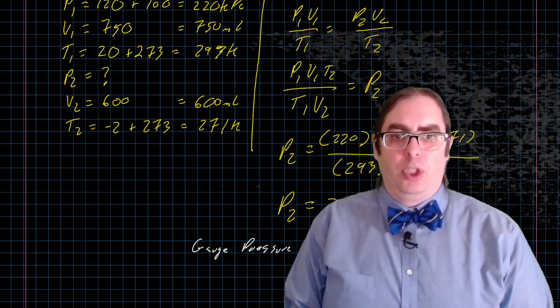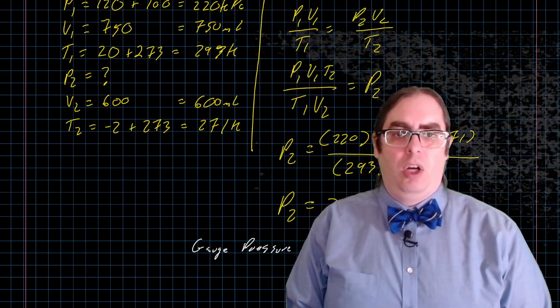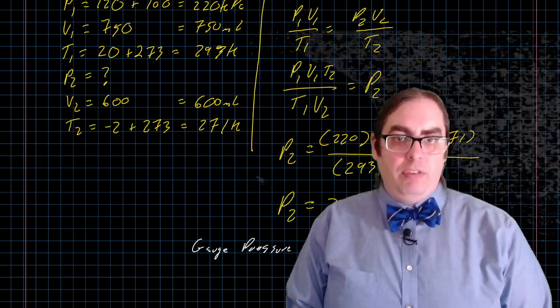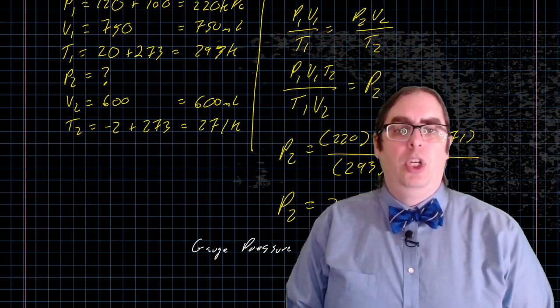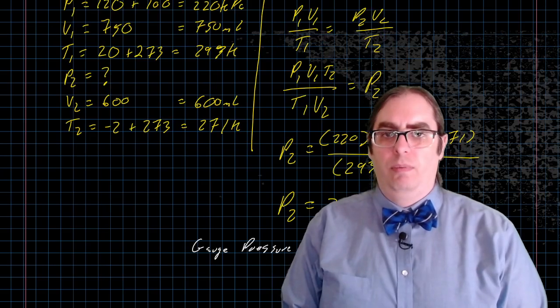Again, for temperature, you need to know that the Fahrenheit scale and the Celsius scale are relative temperatures. The Kelvin scale is an absolute temperature. You need an absolute temperature in order to use the gas law formulas.